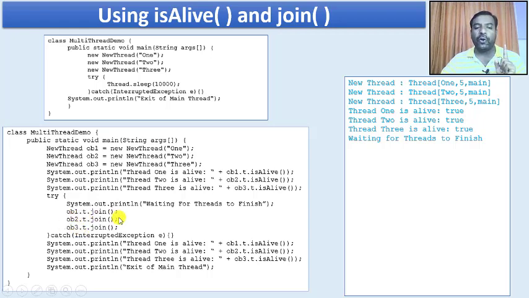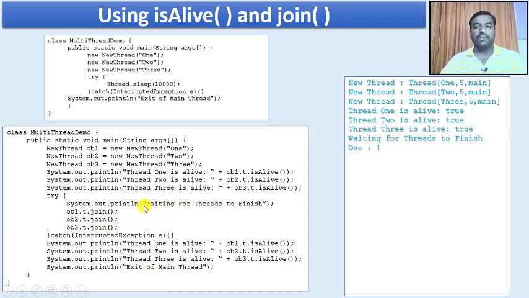If I had not included object 2 in the join, your parent would have waited only for the first thread and the thread 3. Hence, whichever thread the parent should wait for, you need to use with the join method.